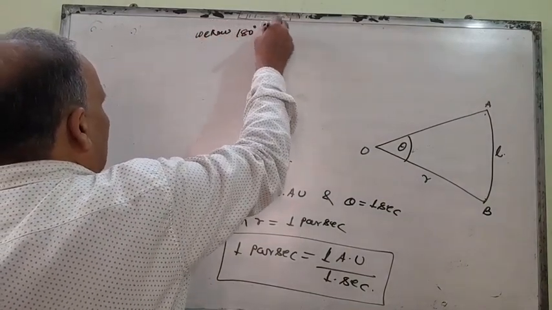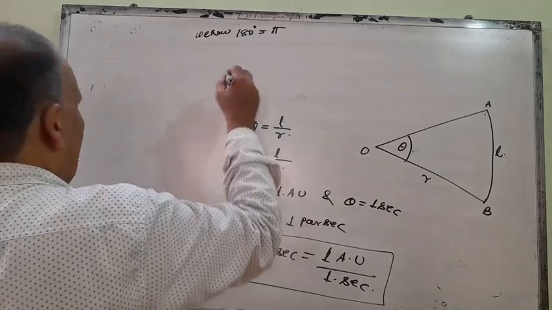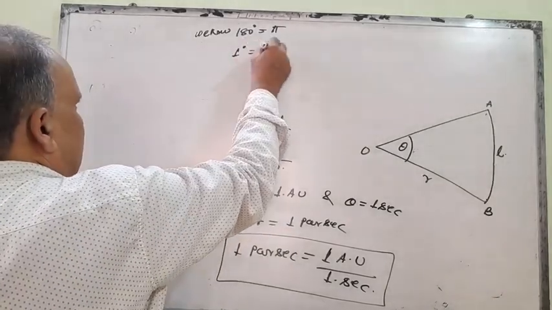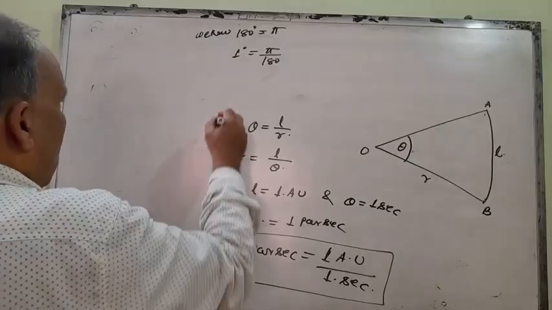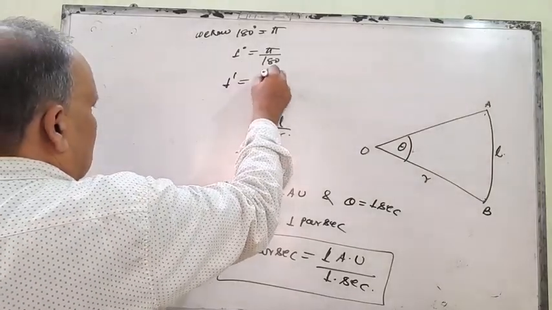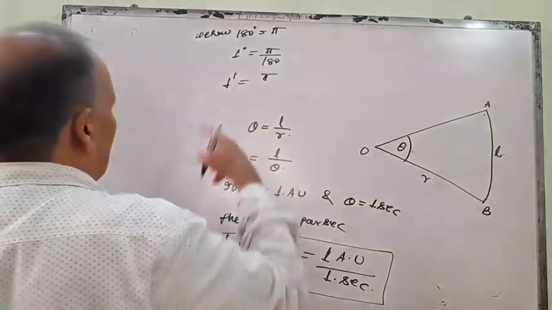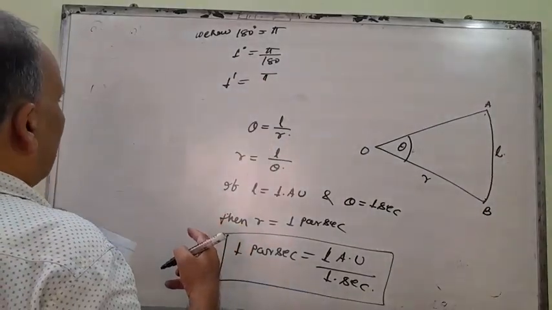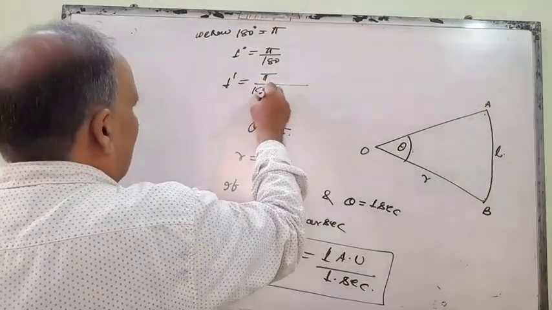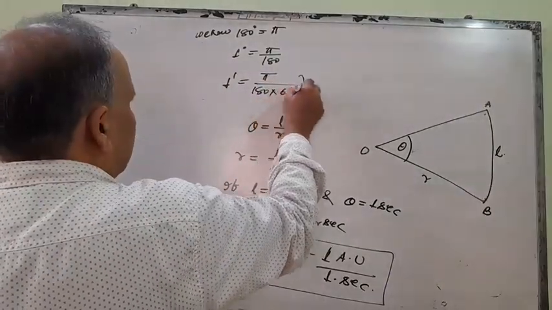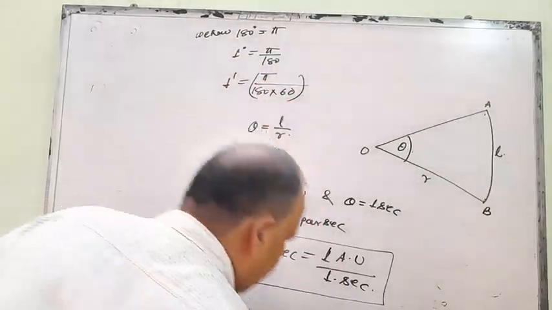We know 180 degree is equal to pi radian. 1 degree is equal to pi by 180. You know, 1 degree is equal to 60 minutes. So 1 minute is equal to pi by 180 by 60 radian.